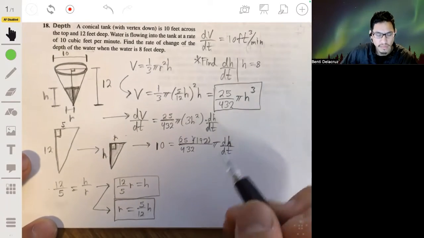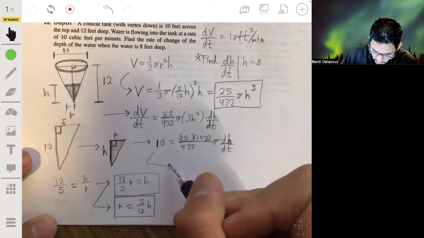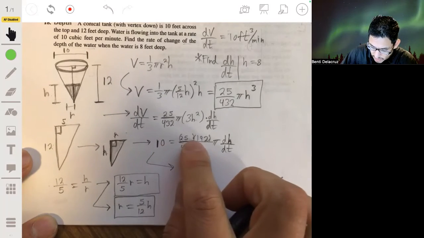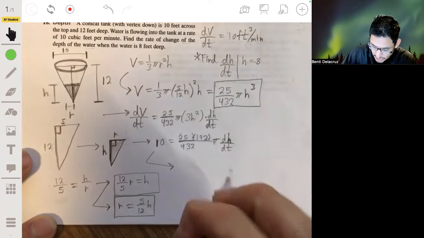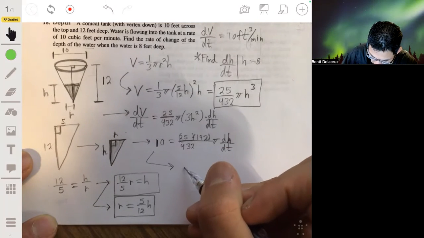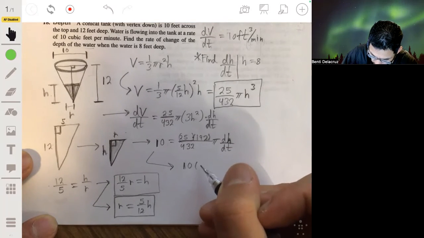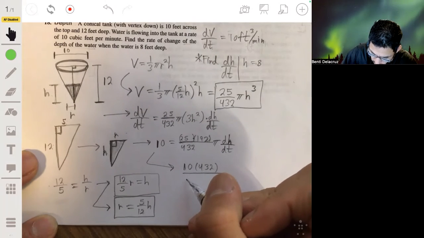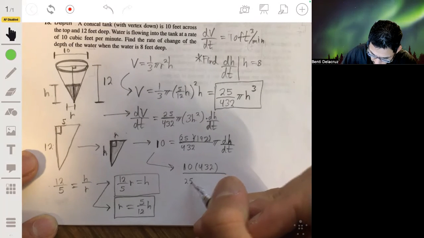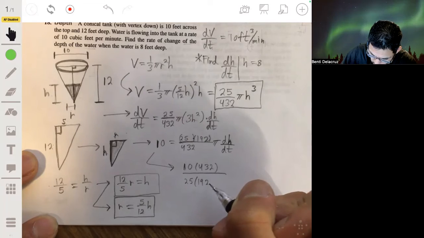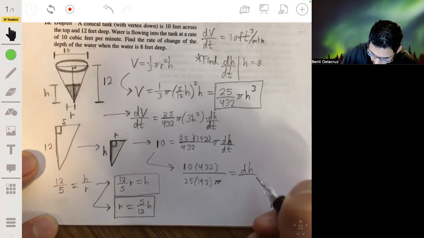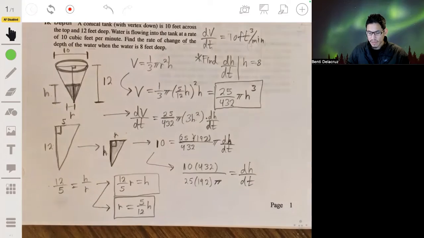And now, I'm trying to be as precise as possible. We multiply the top by 432 divided by 25 times 192 times pi. So we'll get 10 times 432 over 25 times 192 times pi, and that'll be equal to dh over dt.